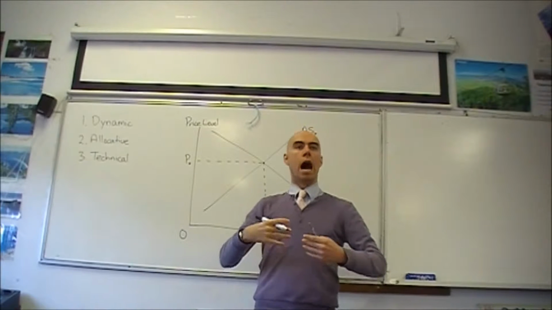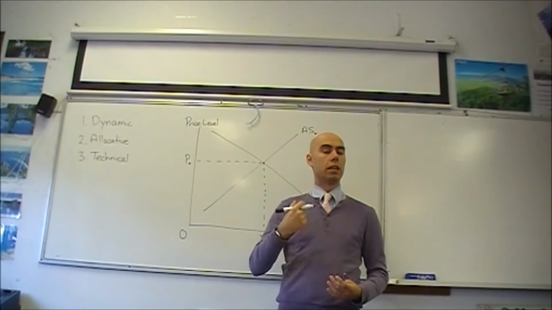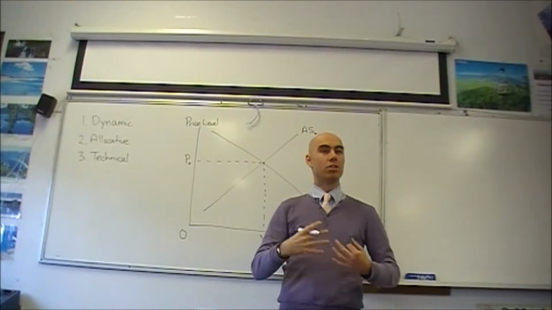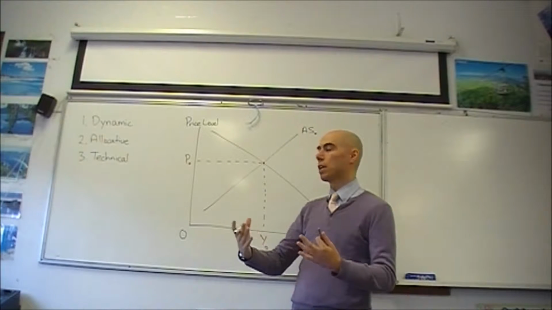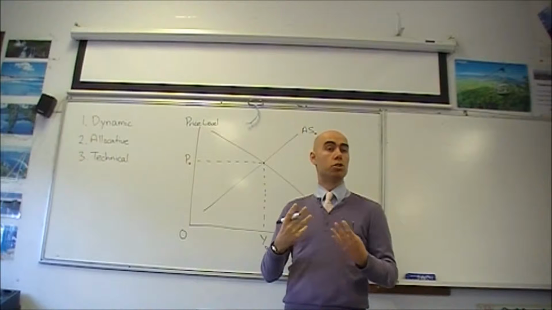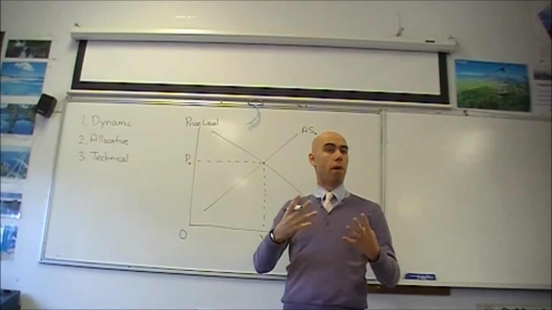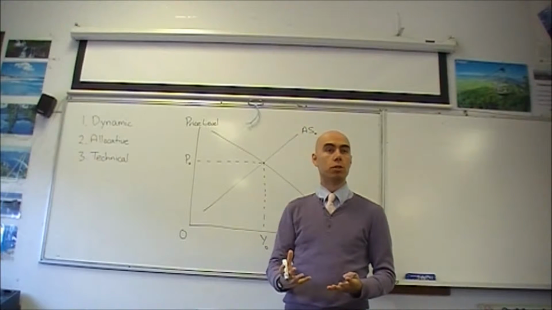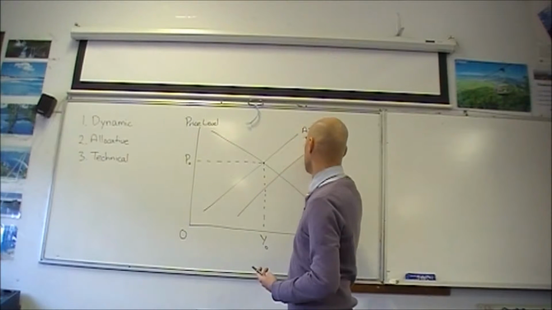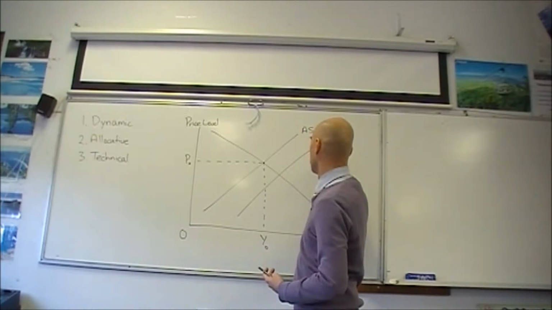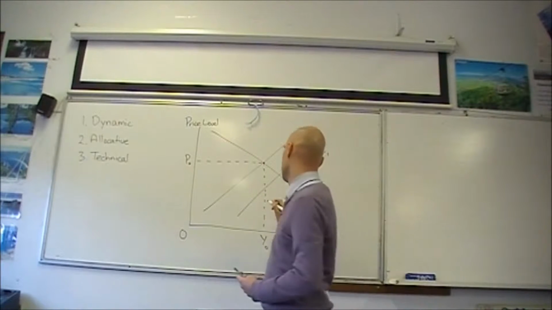It allows an opening up to more markets, it encourages innovation, it allows economies of scale, it makes firms more outward looking, it allows a cut in prices because consumers and firms are able to find a wider variety of goods at lower prices. And so what that does is, it pushes your aggregate supply curve to the right from AS0 to AS1.